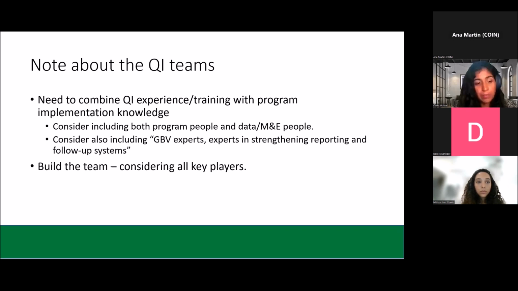Si es un problema relacionado con servicios o con insumos, por ejemplo, estamos hablando que tenemos al departamento de compras, tenemos al departamento de almacén, tenemos al departamento de logística. Entonces, es integrar a todos los actores que son parte involucrada del proceso que estamos evaluando.